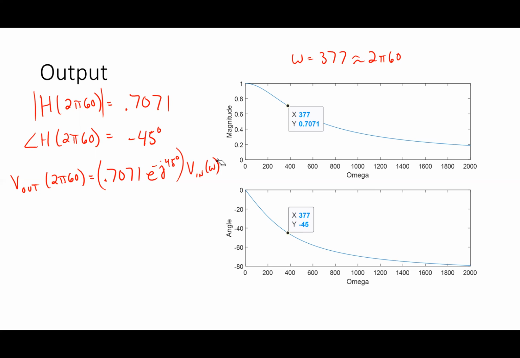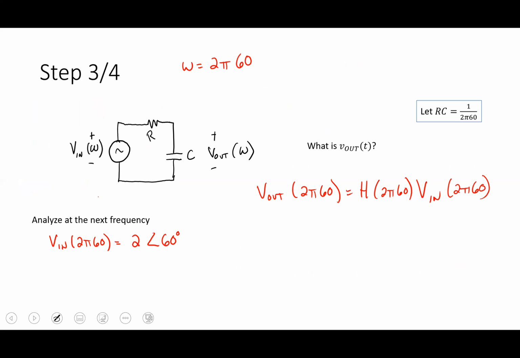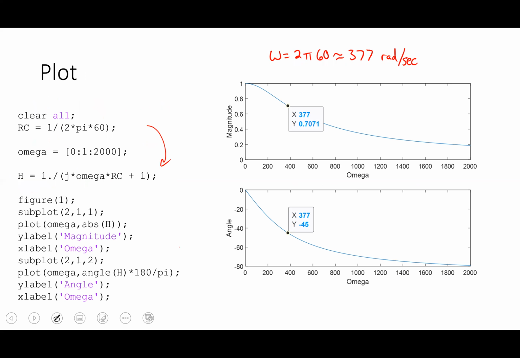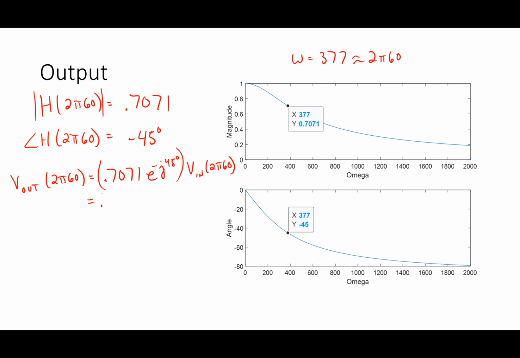At that frequency in particular, being 2 pi 60, we had that written out a couple of slides back. It was 2 angle 60. So let's write it: 0.7071 angle negative 45 degrees times 2 angle 60 degrees. My result becomes simply 2 times 0.7071 with an angle of 15 degrees.